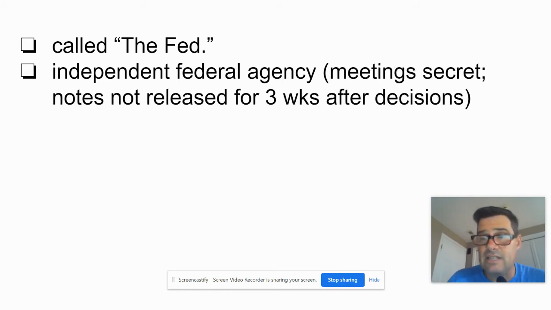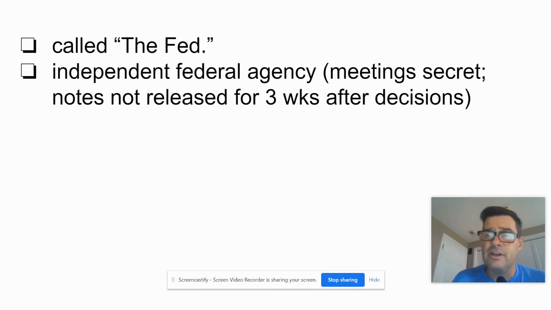The meetings it has on a quarterly basis, which means every 3 months, are secret. The notes from the meetings are not released until 3 weeks after decisions. The reason for this is that they do not want the meetings to be influenced by politics. They don't want the political party in power, or a candidate trying to run for re-election, to influence what the Fed does.